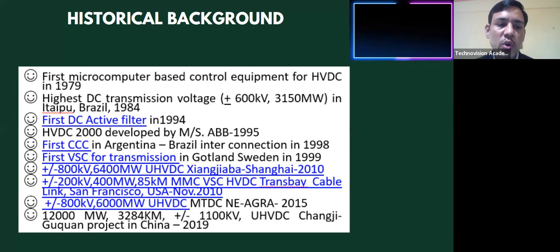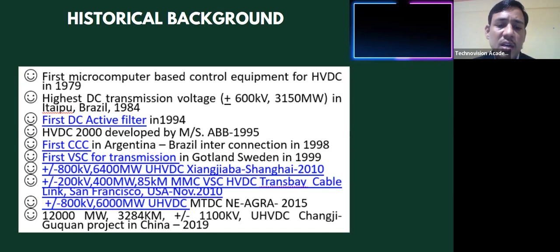Then plus minus 200 kV was another development in VSC transmission, that is MMC based HVDC, modular multi-level converter based HVDC, used in USA in 2010. In India, we made one world record: India has developed ultra high voltage DC with multi-terminal DC, MTDC.